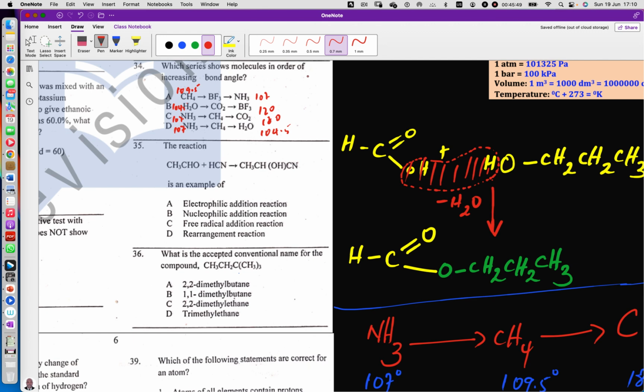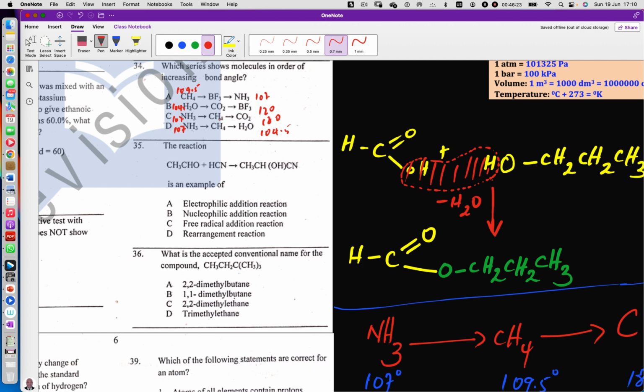A is already out because it starts from 109 and ends at 107, so it is off. B starts at 104, then carbon dioxide is 180, so it has gone right up, then falls again. It doesn't work. Then C is 107, methane is 109. That's good.